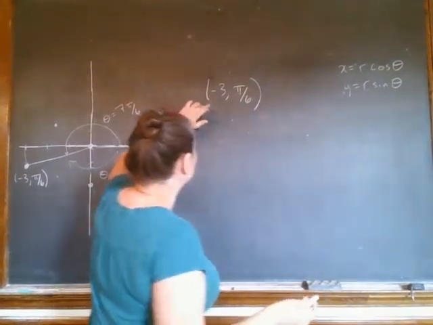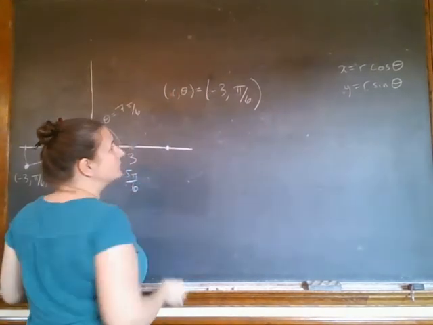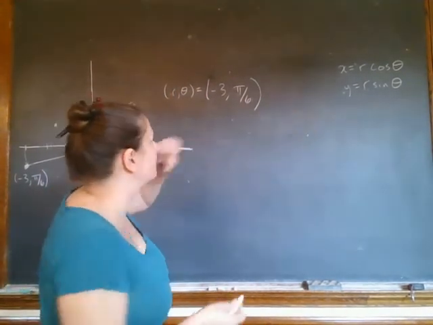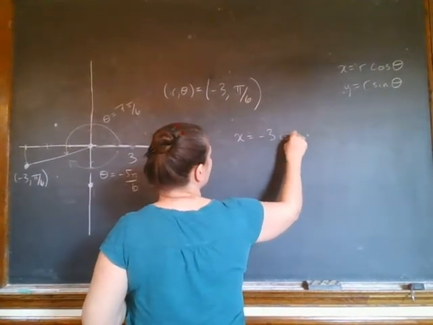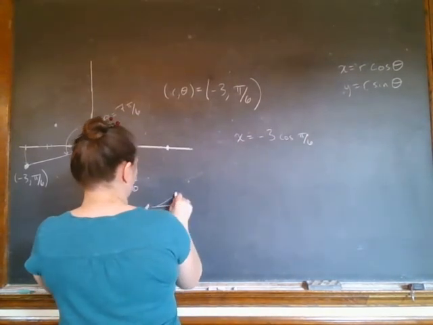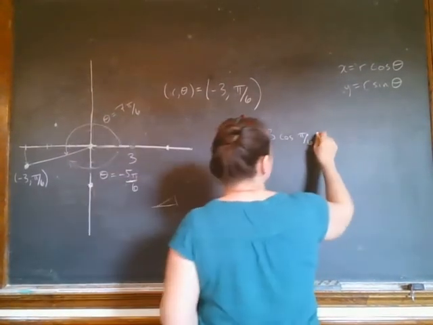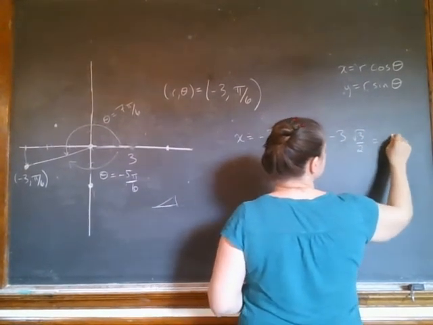If we want to find the Cartesian coordinates of this polar point, we just plug it in there, right? x equals negative 3 cosine pi over 6. So pi over 6 is here. Cosine is root 3 over 2. Negative 3 times root 3 over 2.